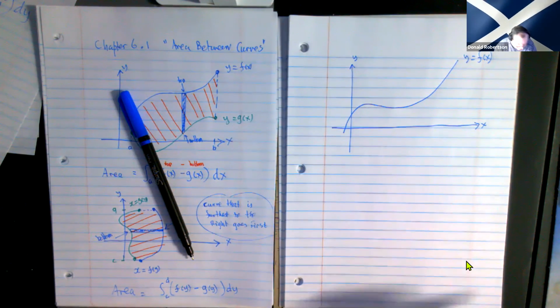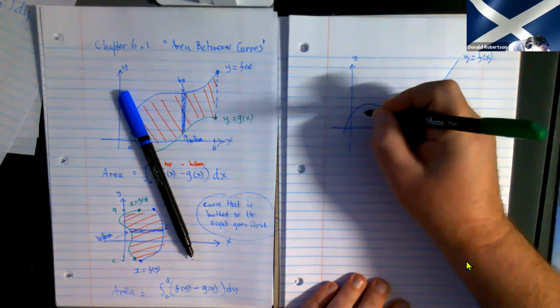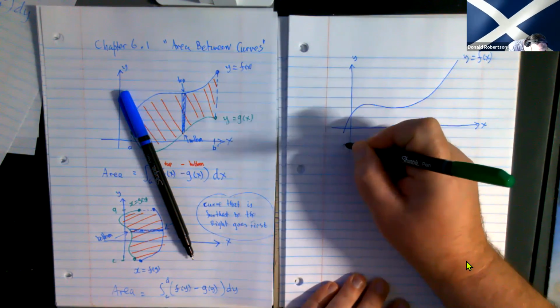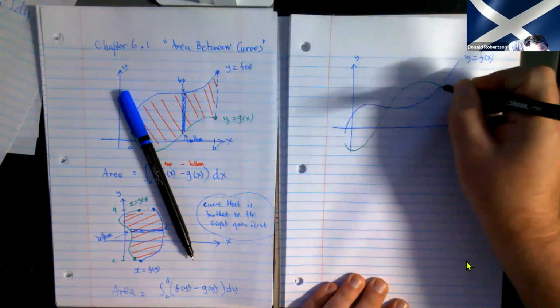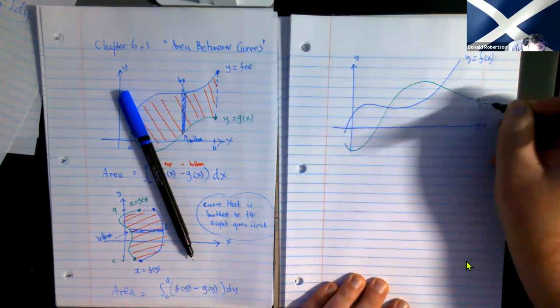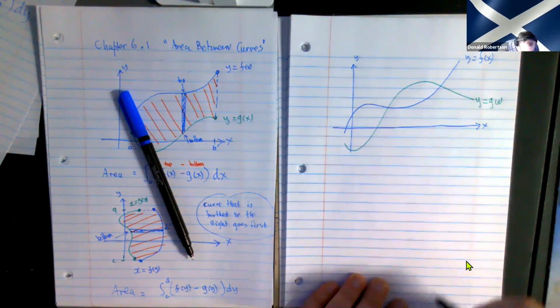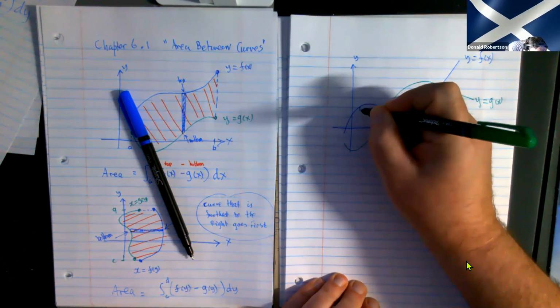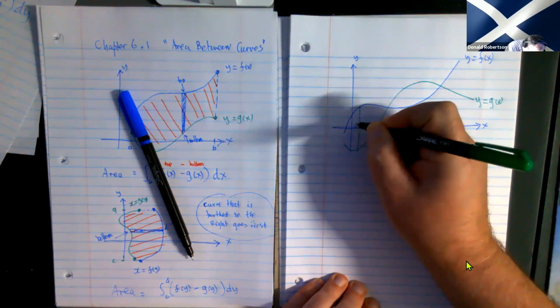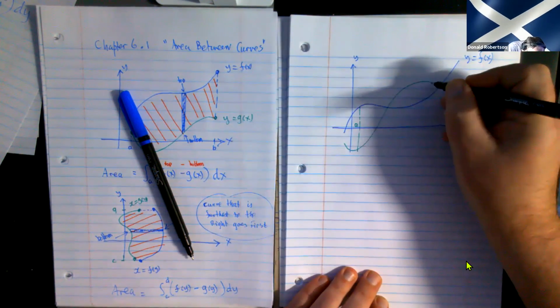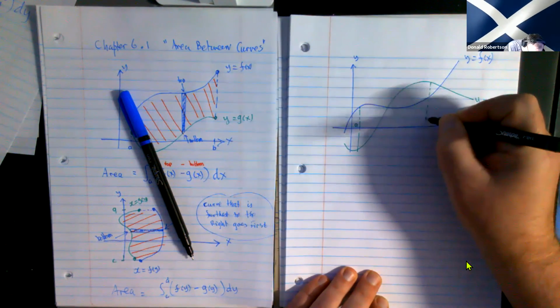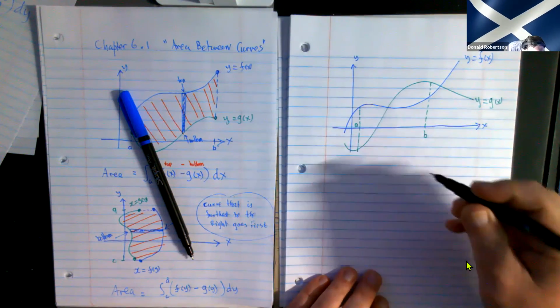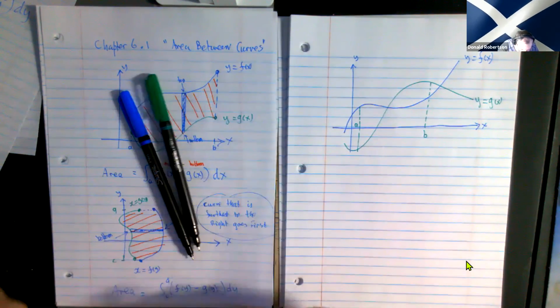Here's my next guy, y equals g of x. And let's suppose that we're starting at some point here, which I'm going to call A, and we're going to finish, say, at some point here, I'm going to call it B.